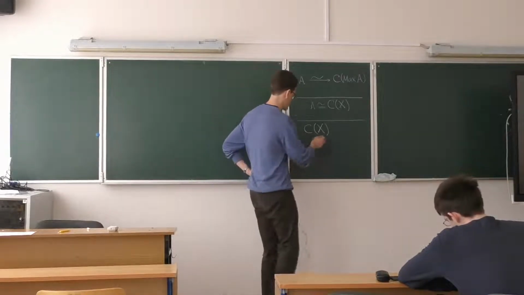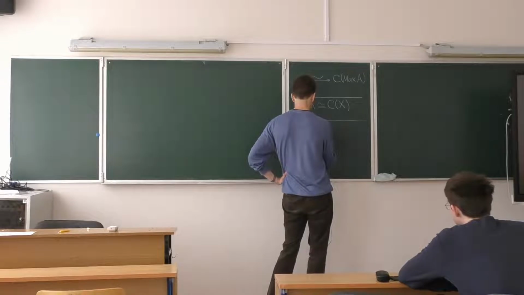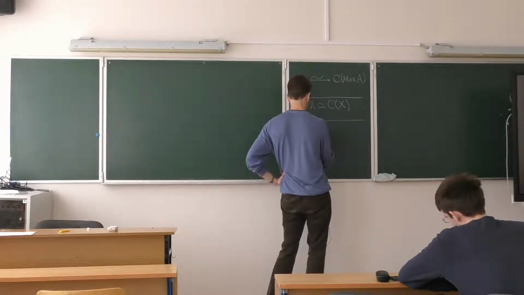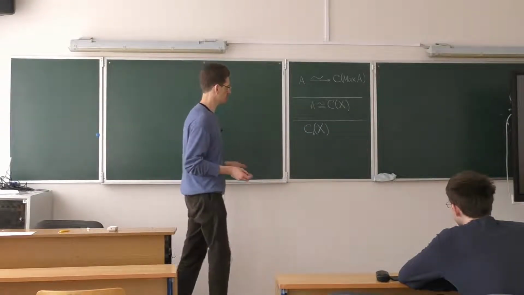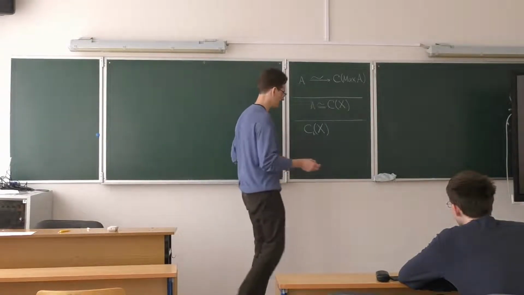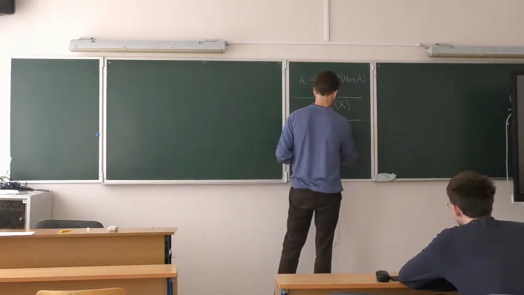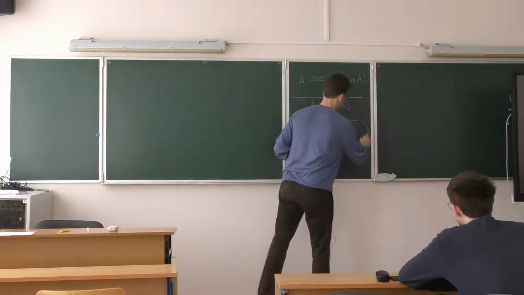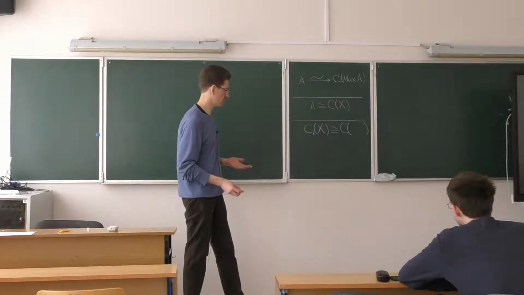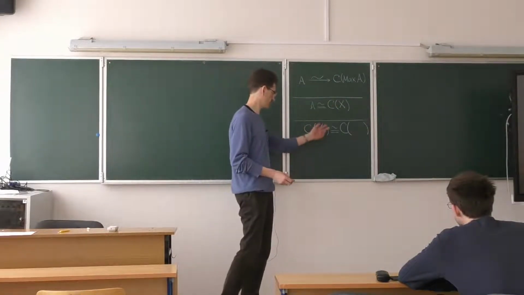However, we can consider the algebra of bounded continuous functions, C_b of X. And this is actually a commutative unital C-star algebra for any topological space X. So according to the Gelfand-Naimark theorem, it is isomorphic to the algebra of continuous functions on a compact Hausdorff topological space, that is, on the maximal spectrum of this algebra.